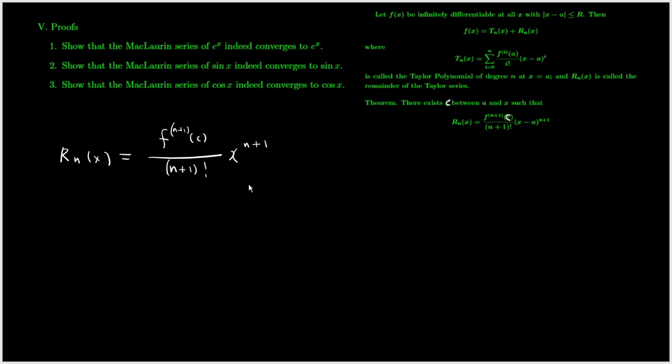Intuitively, the reason that the limit of Rn is equal to 0 as n approaches infinity is that the denominator, the factorial of n plus 1, is gigantic when n is large. In order to show the limit of Rn of x is equal to 0, we are going to take the absolute value of Rn of x.